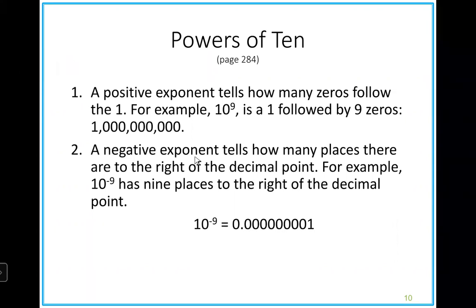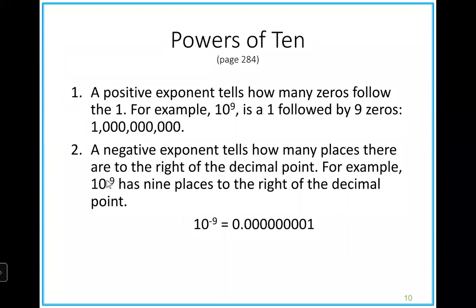So in the first one, they give you 10 to the 9th as an example. 10 to the 9th is 1 followed by 9 zeros. So that's, in this case, 1 billion. Now, when it comes to the negative exponent, it's telling you how many places there are to the right of the decimal point.